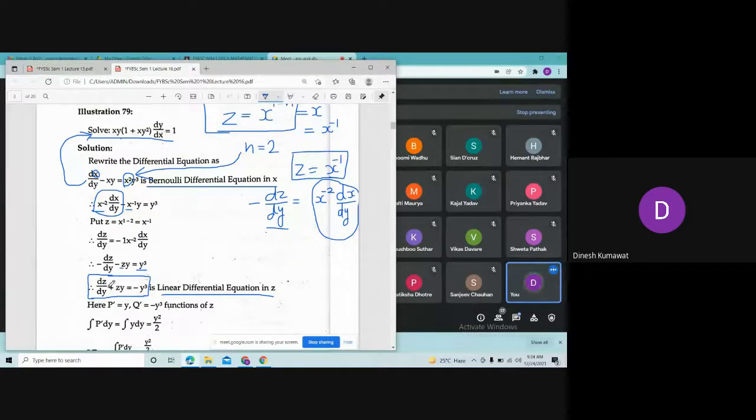Now you compare this with the standard form and check what is P and what is Q, and take the integrating factor, solve it and do the calculation. Because this is the linear differential equation and we have already spent 1.5 hours understanding the linear differential equation, I am going to leave this calculation for your homework. Please try to do it. If you don't get it, then please let me know in my next lecture.